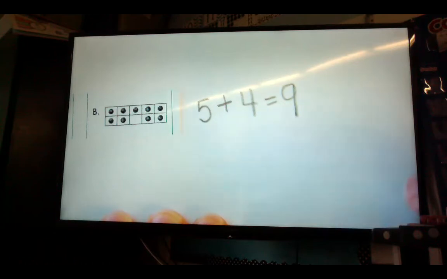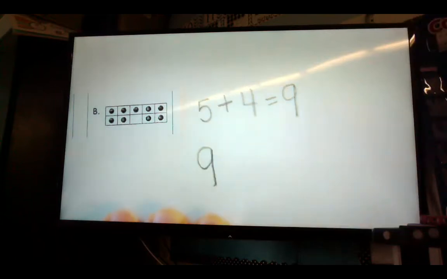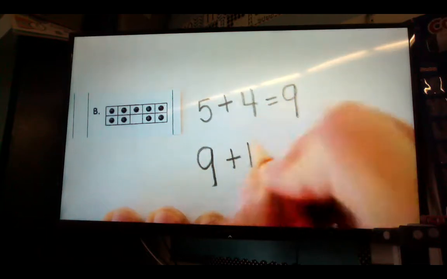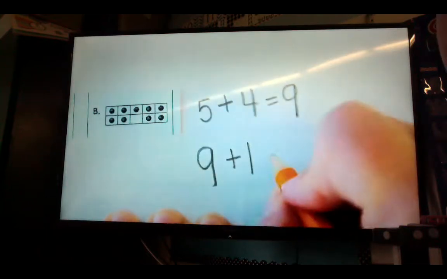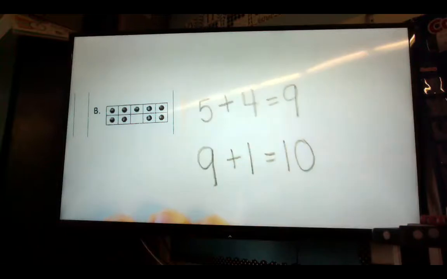If you said 1, way to go. I have 9 dots in all. If I add 1 more dot, I will have 10 dots. I will have a full 10 frame.